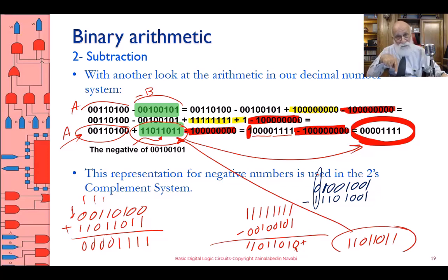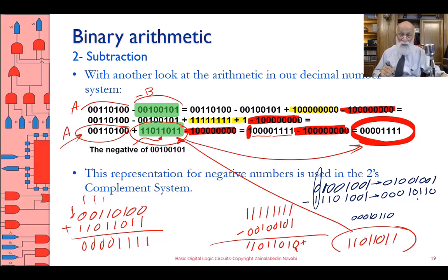And therefore, instead of this subtraction here, I keep A as A and negate B. 0 1 0 0 1 0 0 1. Negating B means that complemented becomes 1 0 1 1 0 1 1 0, and adding a 1 to it becomes 1 0 1 1 0 1 1 1.